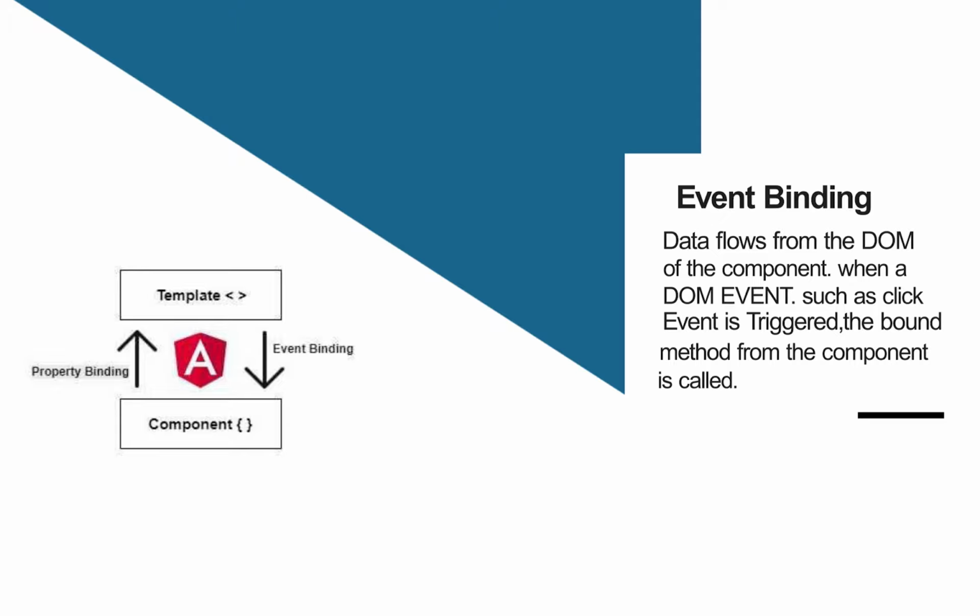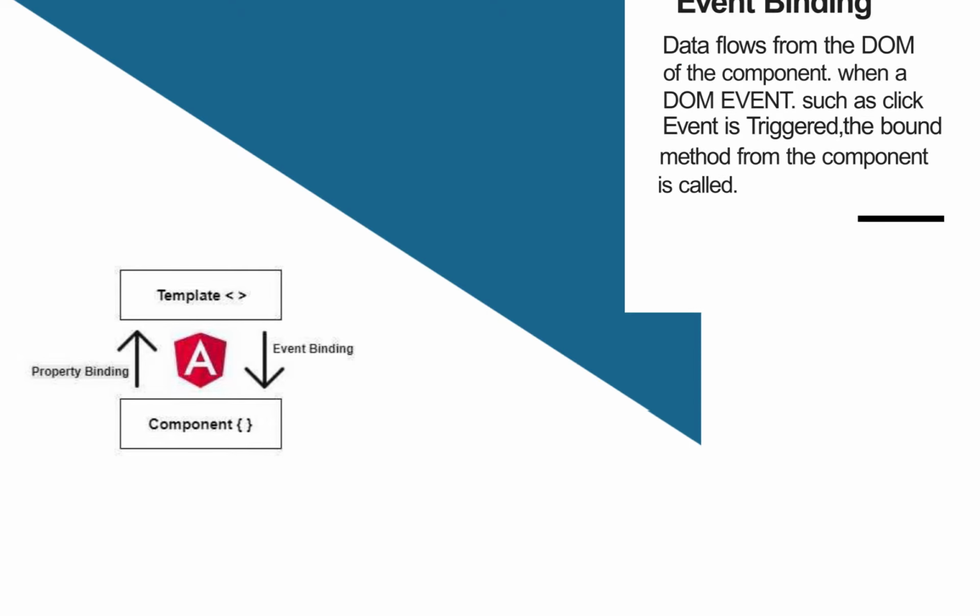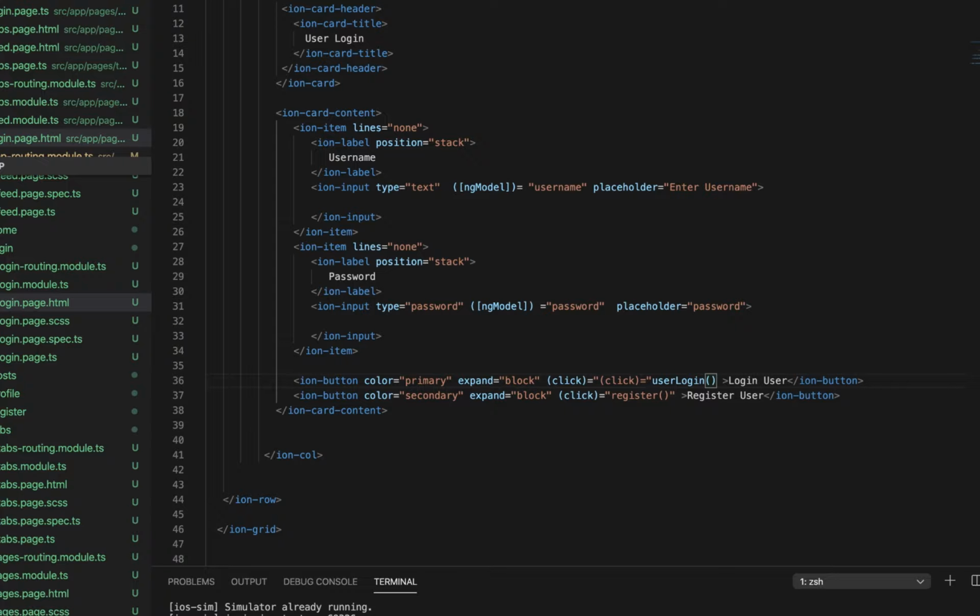When a DOM event such as click is triggered, the bound method from the component is called. So our bound method will be, for example, login, which will be the user login function.